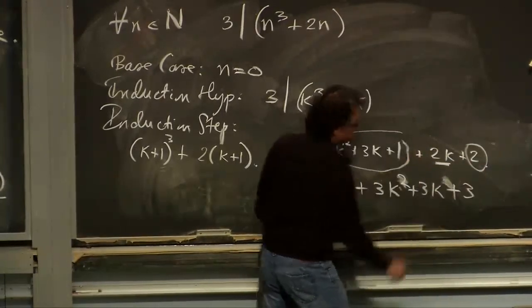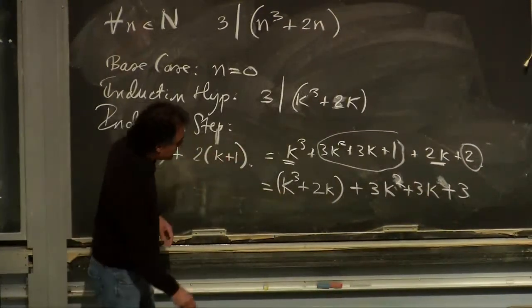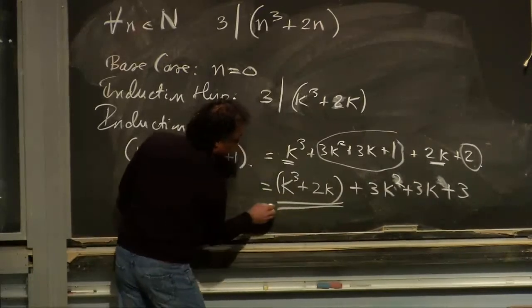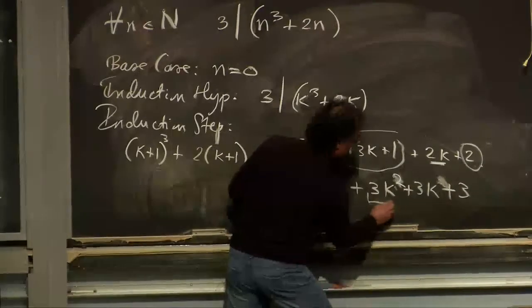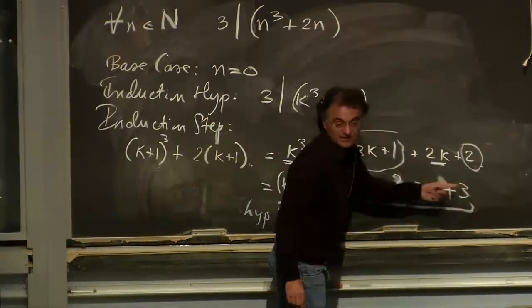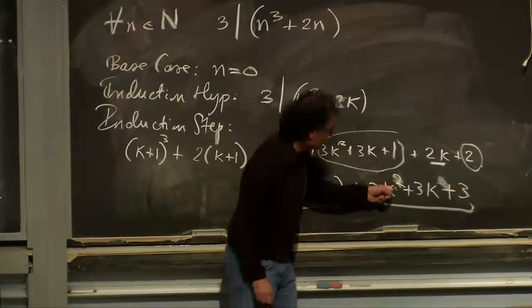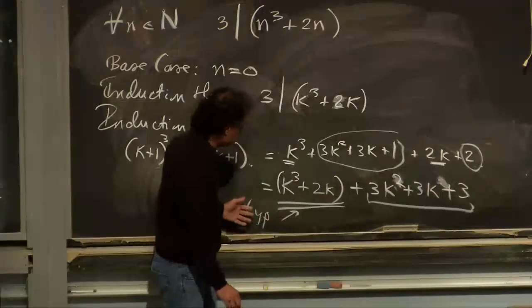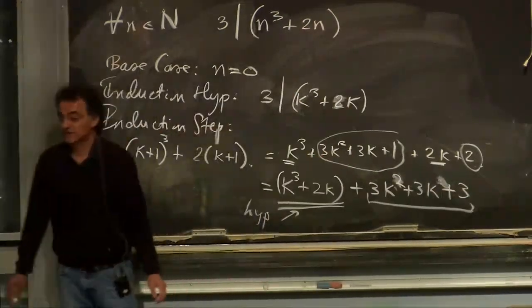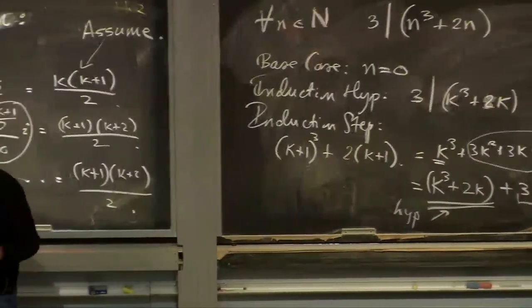Okay, so this is divisible by 3 because of the hypothesis. This is divisible by 3 just by looking at it. It's 3 times (k squared plus k plus 1). And so the sum of them is divisible by 3. Right? The whole thing is divisible by 3.